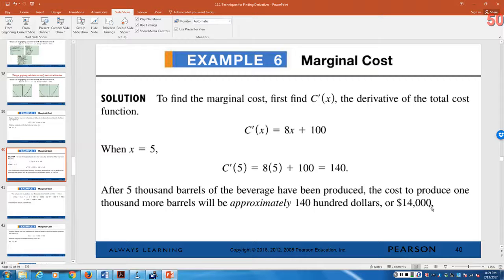Now, this one has an almost linear rate of change, which means the rate of change is pretty constant. It's, you know, the 8 times x, once you let x get above 10, it kind of takes over the little bit that the 100 changes it.